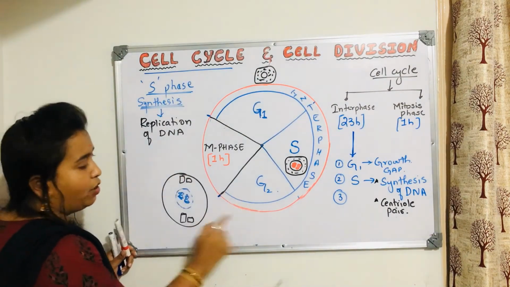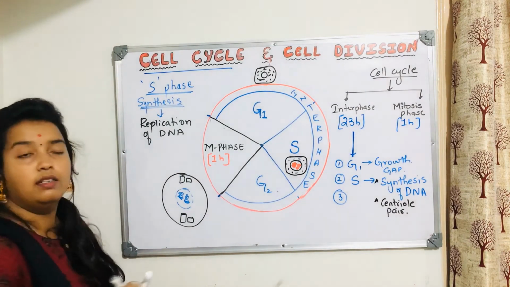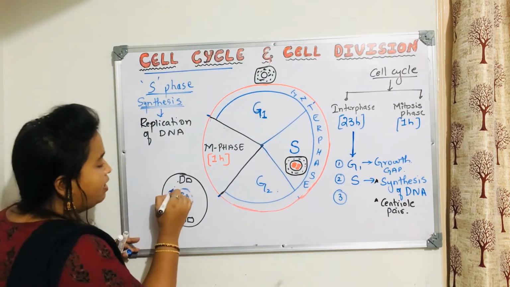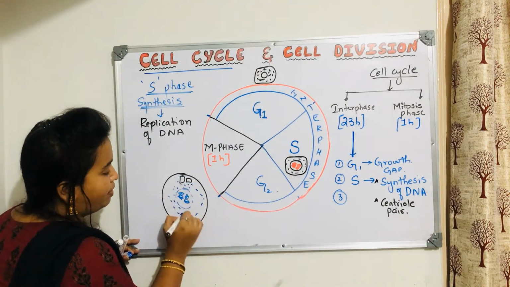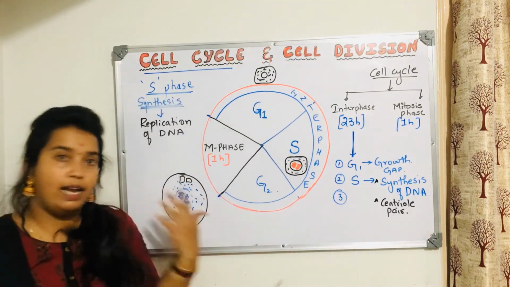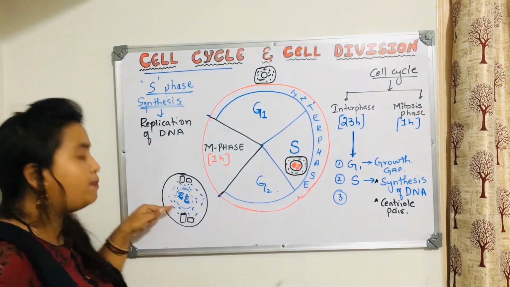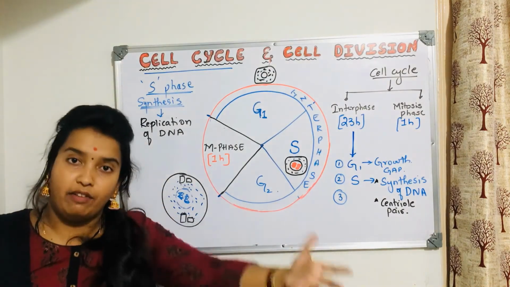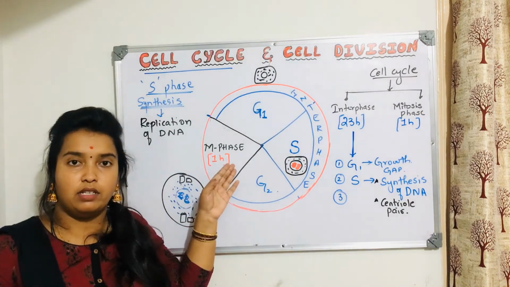Why I am explaining this is that the centriole produces fibers like this, and these fibers are spindle fibers. Later on it will produce spindle fibers, but to form them the centriole should divide first. Spindle fiber formation is important in the division phase.